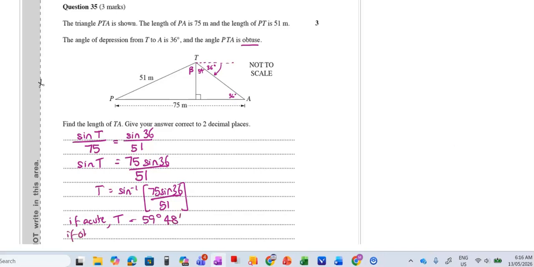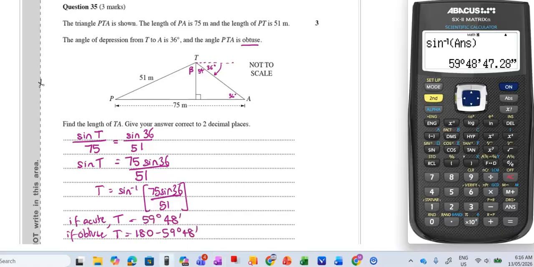If obtuse, T is 180 minus that, and we know that that's the case. So we need 180 minus that answer.